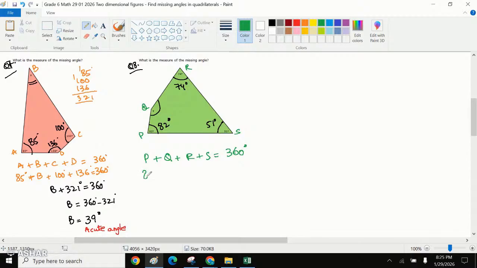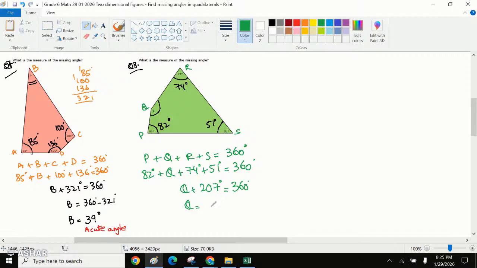Q is missing, 74 is the value of R, S is 51. That should be equal to 360. So if I say 82 plus 74 plus 51, it comes out to be 207.